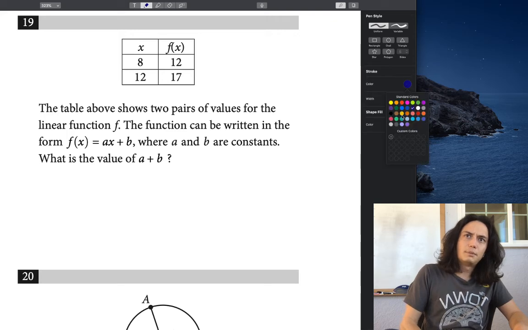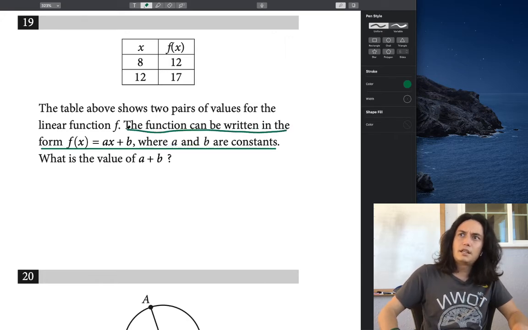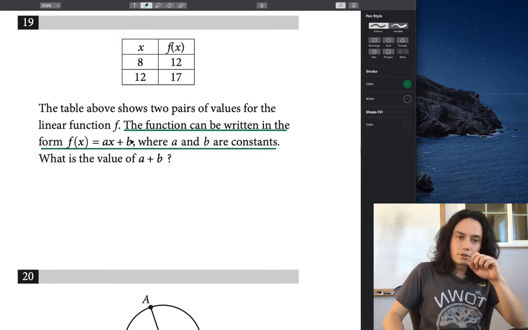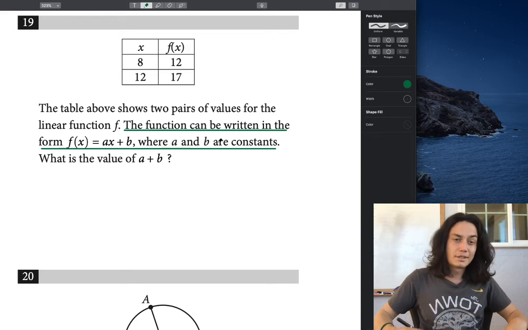And actually, maybe I'll put it this way. They often do this where instead of just saying, hey, what's the slope of the line? Also, what's the y-intercept of the line? Hey, could you take those and add them together? Instead, they talk about how theoretically you could write it in this form where a and b are constants, and then they ask you to do stuff with the constants.